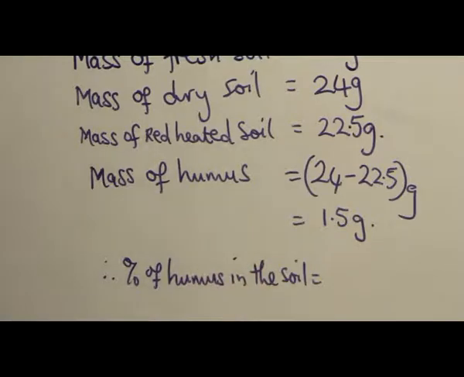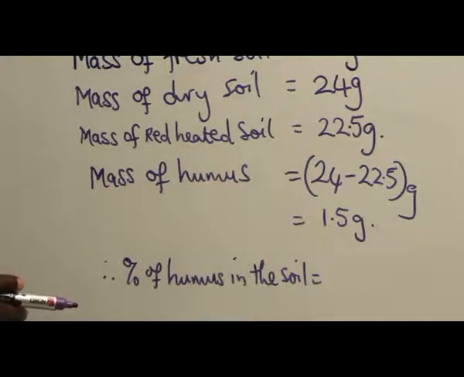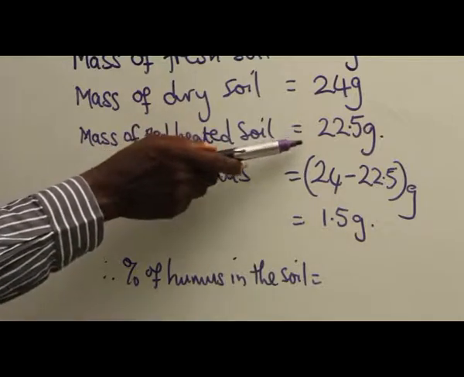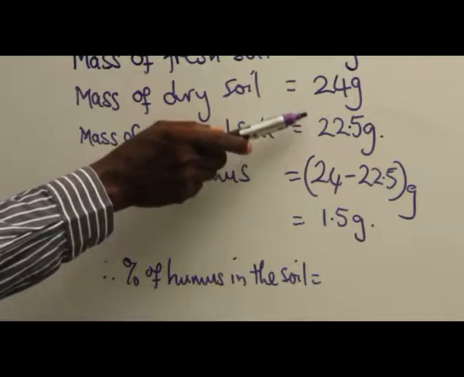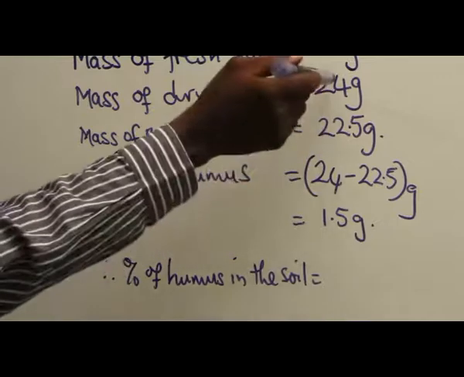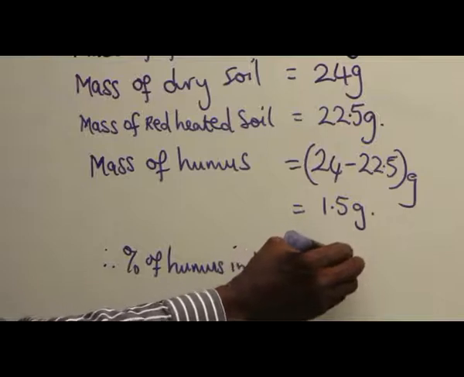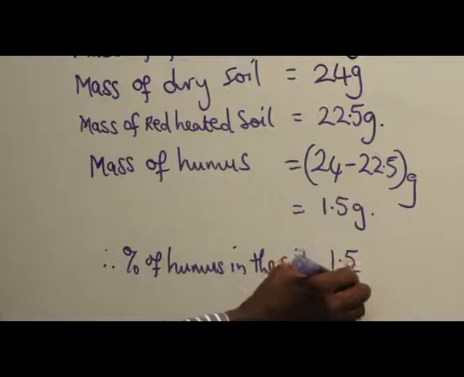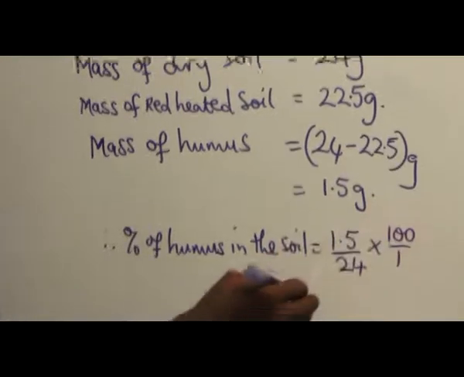is equal to, take note, how do we get the value of the mass of the humus? We subtract red heated soil from the dry soil. So the humus is inside the dry soil. It will now be 1.5 over 24 times 100 over 1.